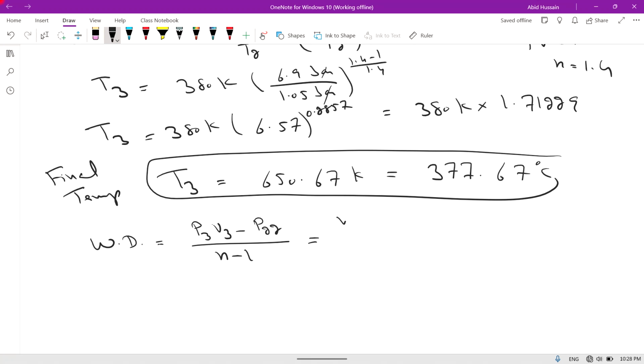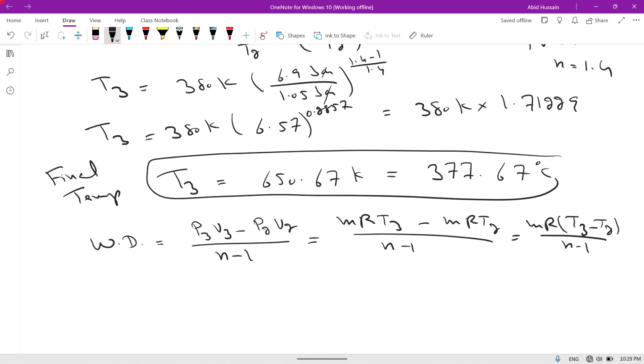P3 V3 is equal to mR T3 and P2 V2 is equal to mR T2, divided by n minus 1, which is equal to mR is common, so mR times T3 minus T2 divided by n minus 1. Now putting values, m is equal to 0.271 kg, and both process mass is same. This is given in the statement of the problem, that in both process mass is same.